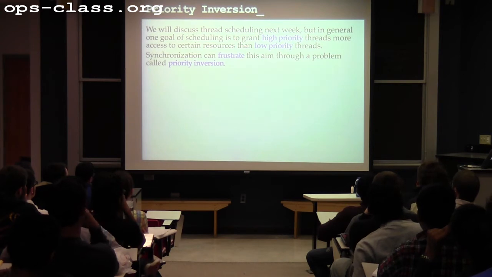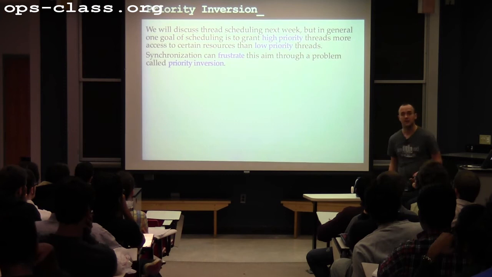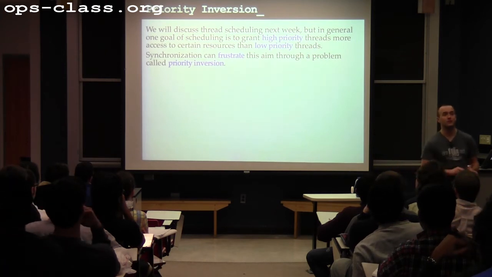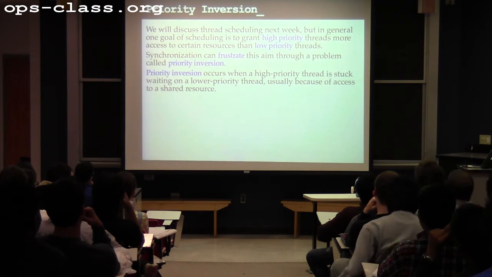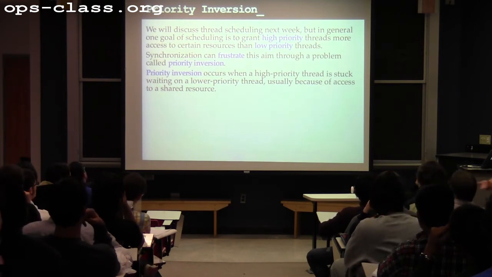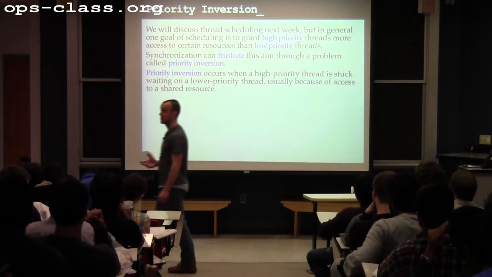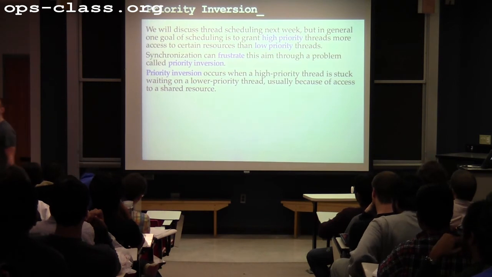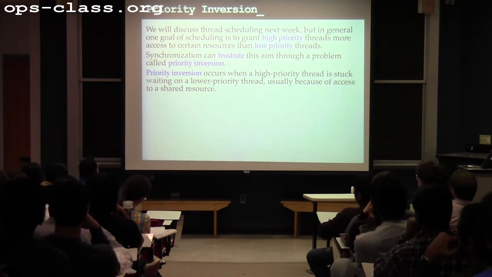But I just want to point out another kind of fun problem that synchronization can create, which is a case called priority inversion, right? So priority inversion essentially occurs when the process of synchronization frustrates the operating system scheduler's goal, which we'll talk about more next week, of prioritizing access to resources based on some scheme.